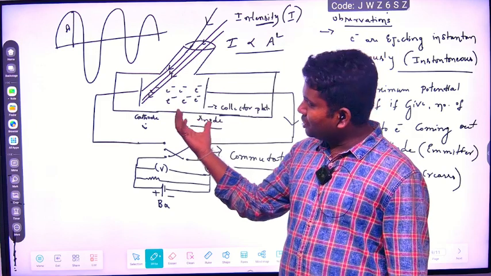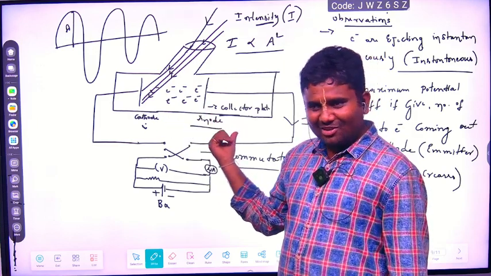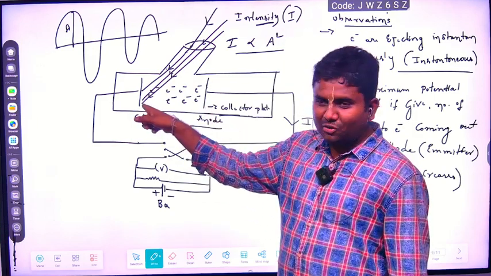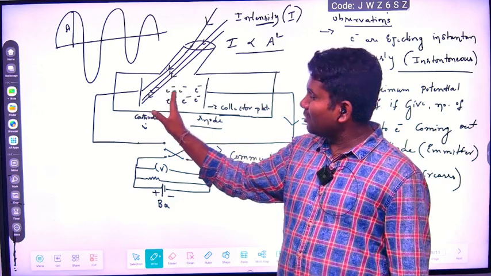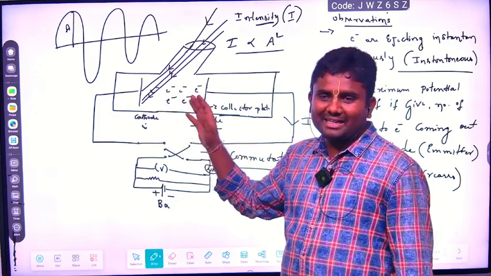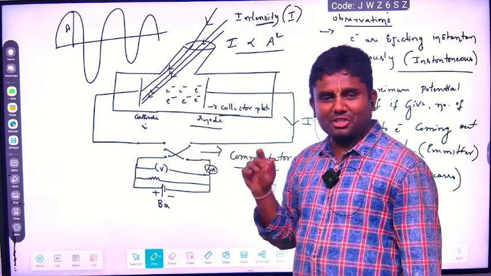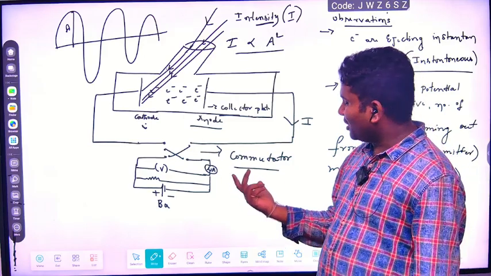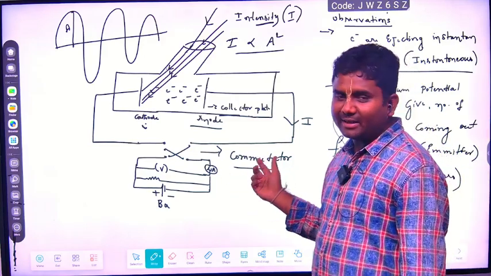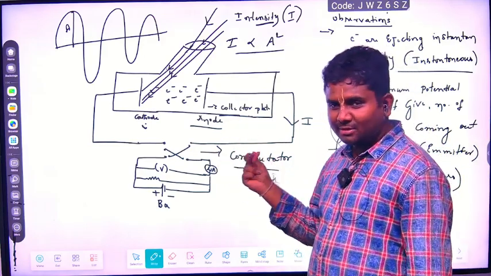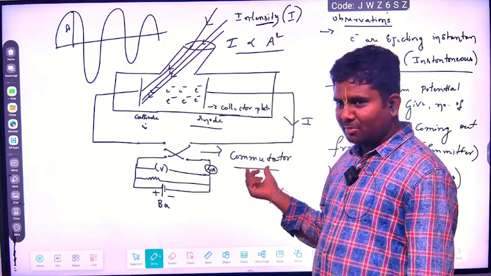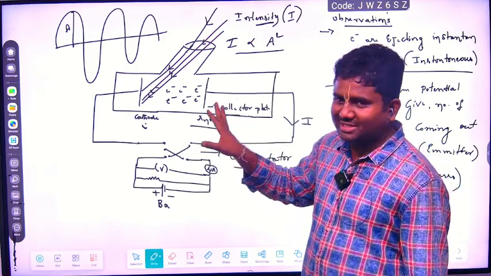This positive potential will attract the electrons. Since negative potential is given to the emitter plate, electrons will be repelled. They feel the force of repulsion. Now what I will do, using the commutator, I will reverse.